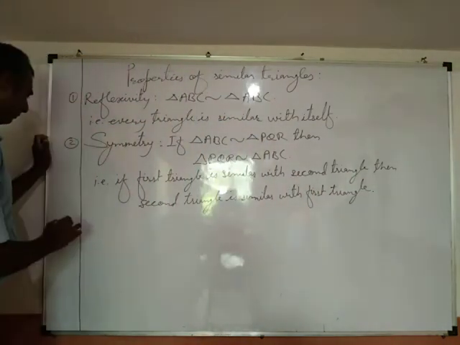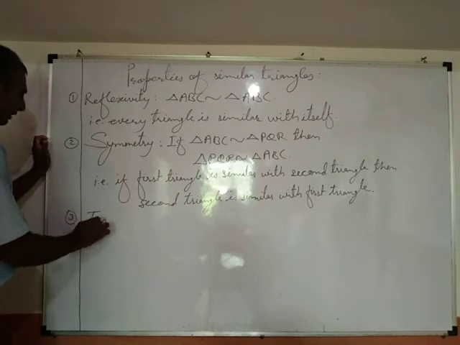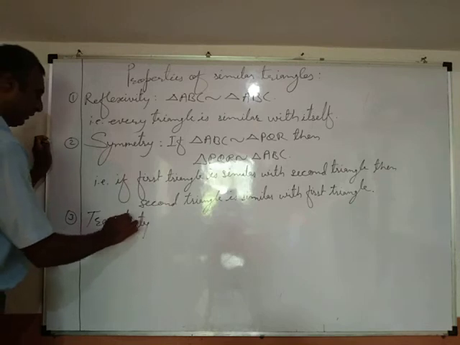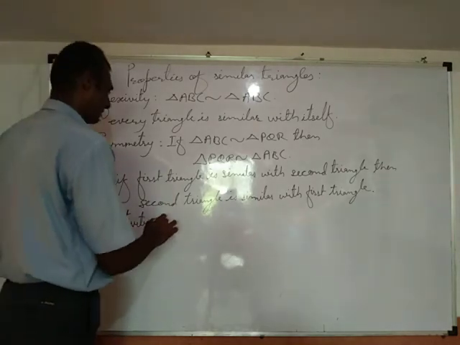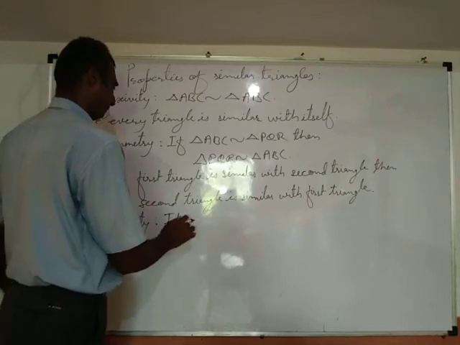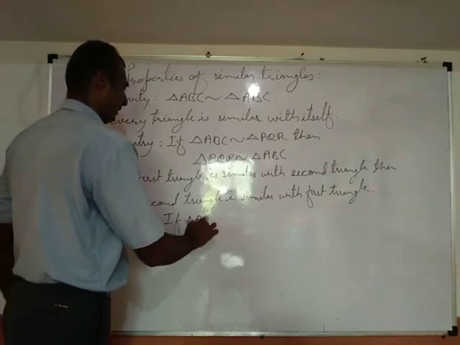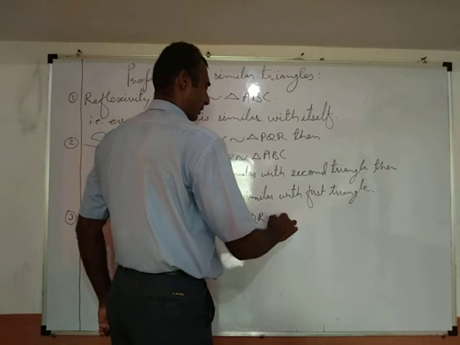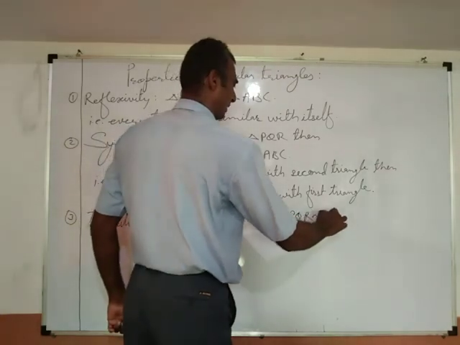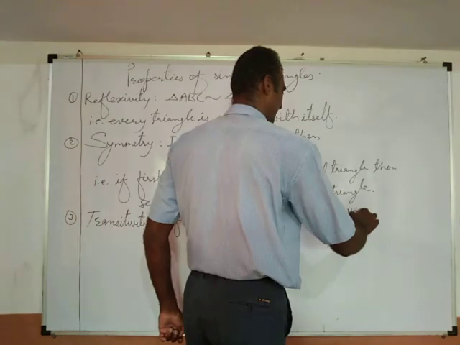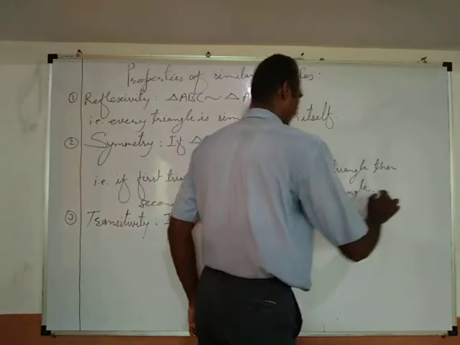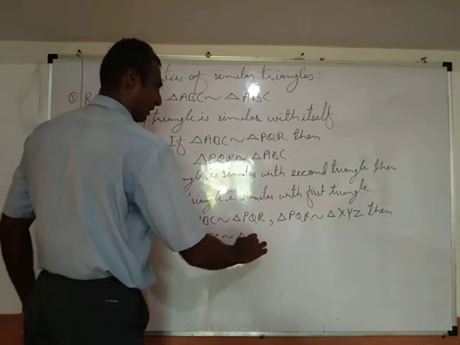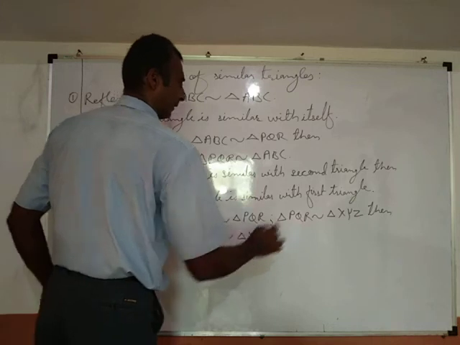And third property, transitivity. Okay, what's that property? If triangle ABC is similar with triangle PQR, triangle PQR is similar with triangle XYZ, then triangle ABC is similar with triangle XYZ.